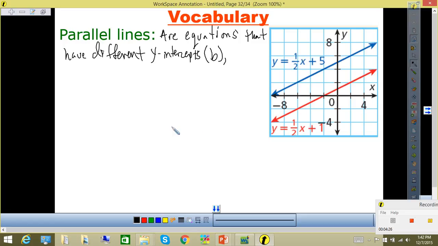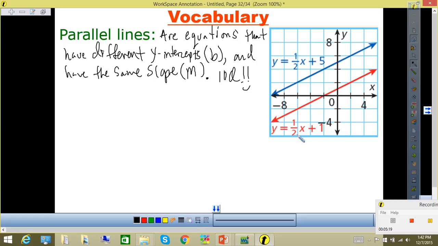Callista. They have the same slope. And have the same slope. And what do we use for that? M. Thank you. All right?